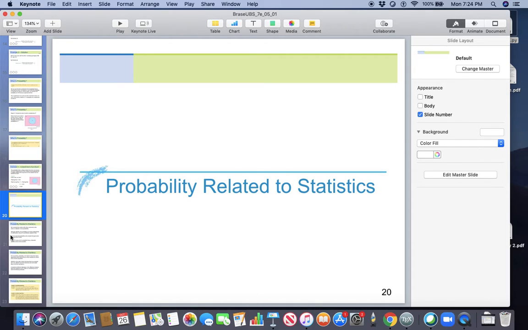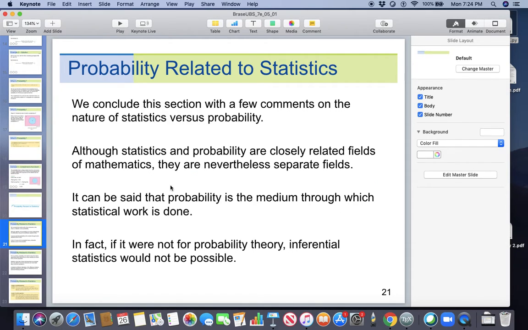Probability related to statistics. We conclude this section with a few comments on the nature of statistics versus probability. Although statistics and probability are closely related fields of mathematics, they are nevertheless separate fields. It can be said that probability is the medium through which statistical work is done.